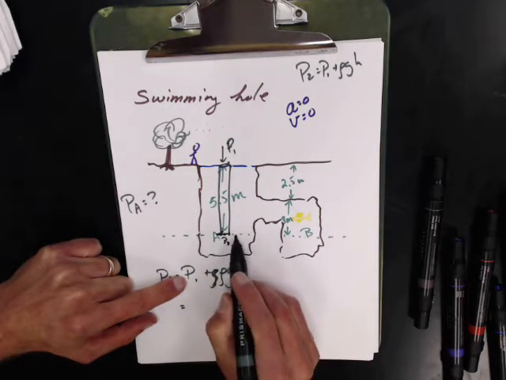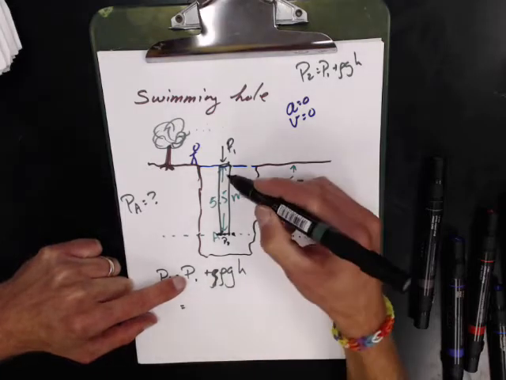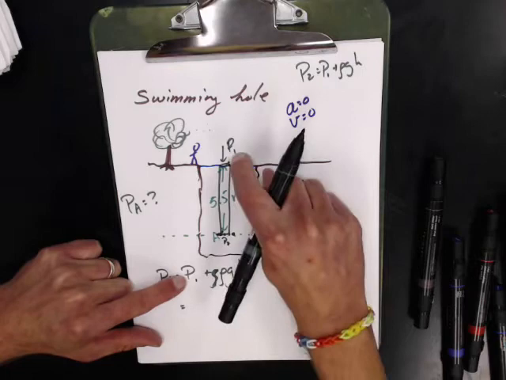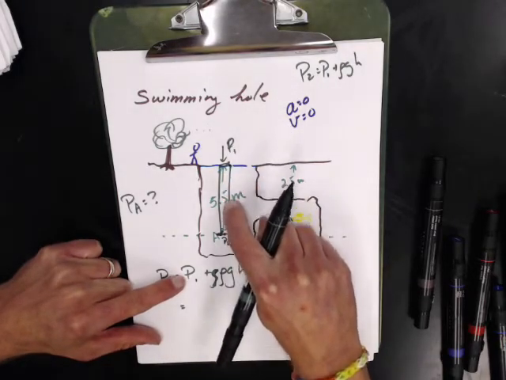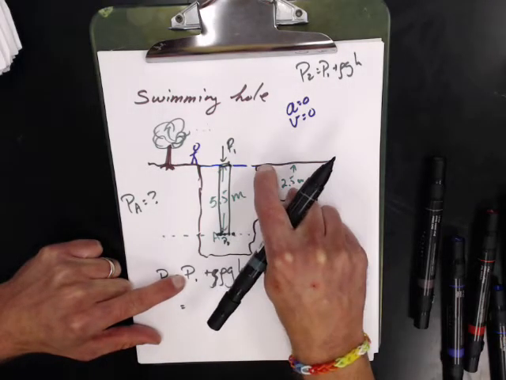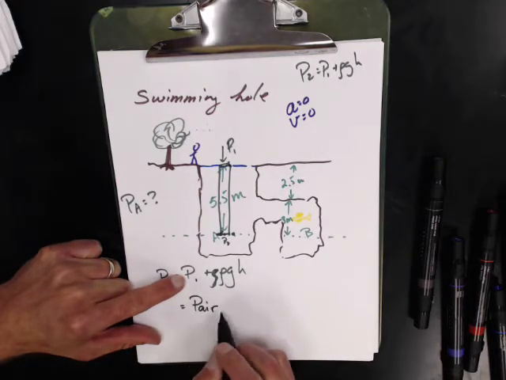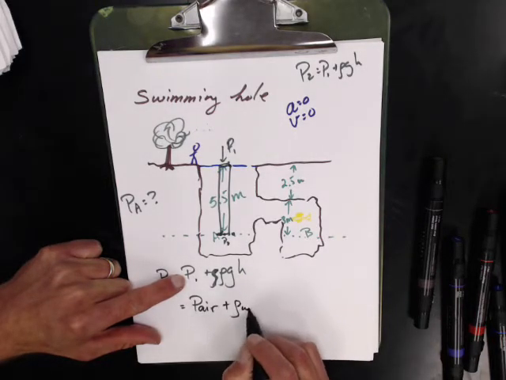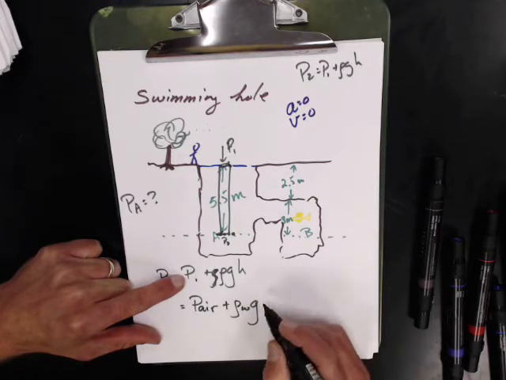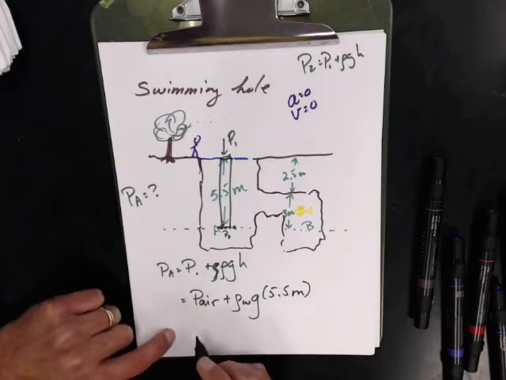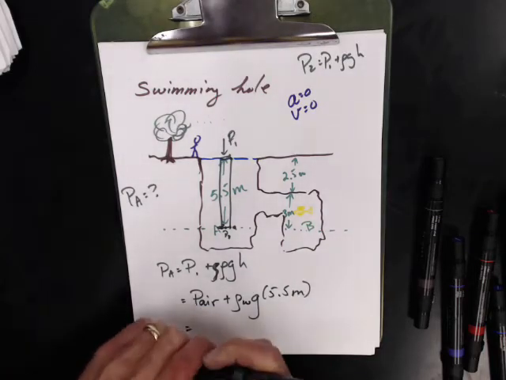That's the same as long as I'm at that level. I have rho g h, and my h is 5.5. But I've made the top of my little square at the top of my pond. What's pushing down on there? Air. So this becomes air pressure plus the rho of the water times g times my h, which is 5.5 meters. What is air pressure?